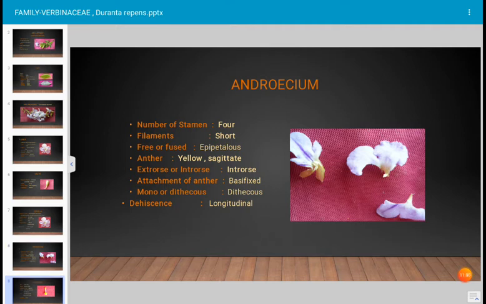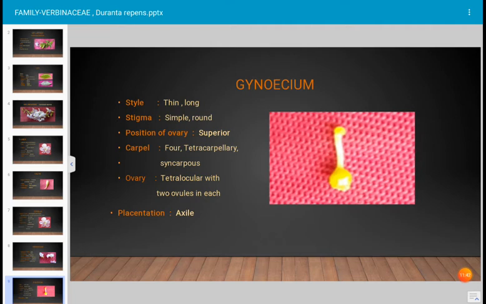Okay. Next. This is the gynoecium or female part of the flower of Duranta repens, family Verbenaceae. See in the photograph, style is long, it is thin, stigma is simple, shape of stigma is round, position of ovary is superior, and if you take the section of ovary, there are 4 carpels present.